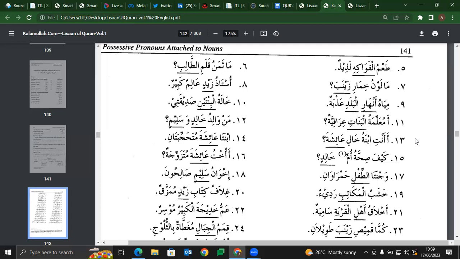Are you the aunt of the daughter of Aisha? First comes the daughter because it is. Why are you starting with the daughter? Anti ibnatu khali Aisha, why are we starting with daughter here in translation?